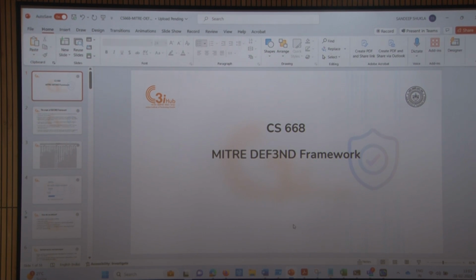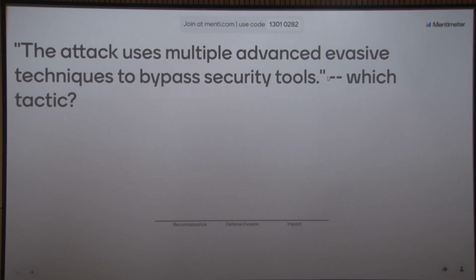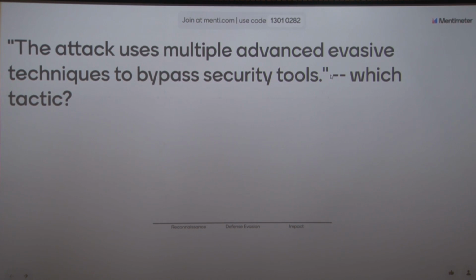Now, before we go into the MITRE DEF3ND framework, as usual, let me find out where you are. By the way, you can use menti.com and use that code. The midterm exam was quite disappointing.